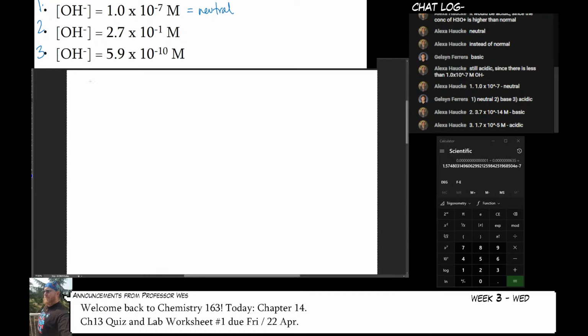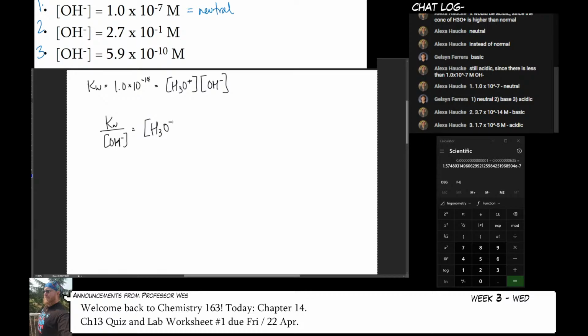All right, so Kw equals 1 times 10 to the minus 14, sorry, which is equal to H3O plus times OH minus. And we have OH minus for all of these, so we're just going to divide Kw by OH minus.